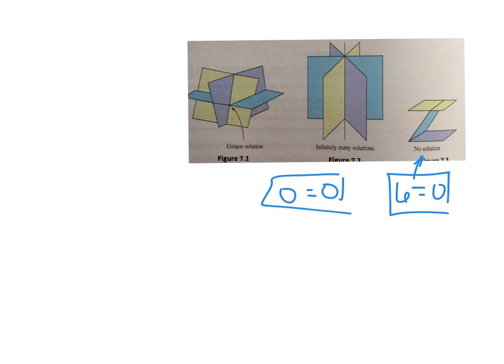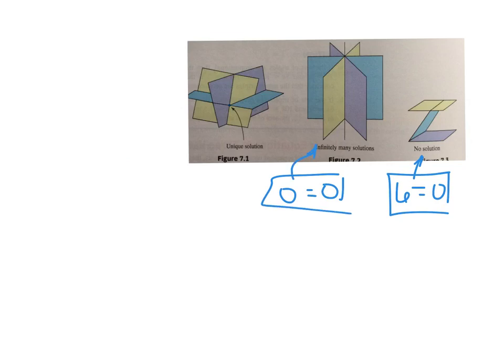We did this earlier, and I don't remember exactly what section it was, but when you got something like 6 equals 0 for your solution, that meant there was no solution. But if you got 0 equals 0, that meant there were an infinite number of solutions.